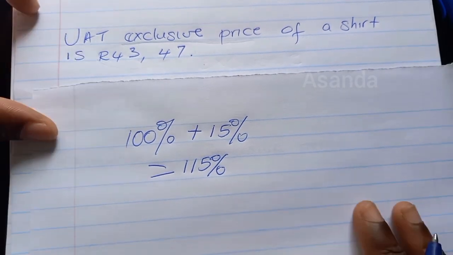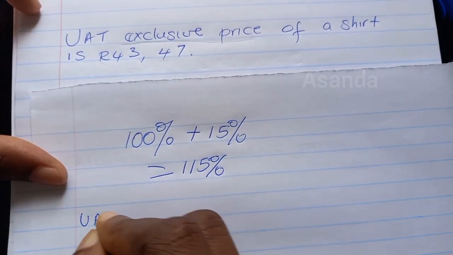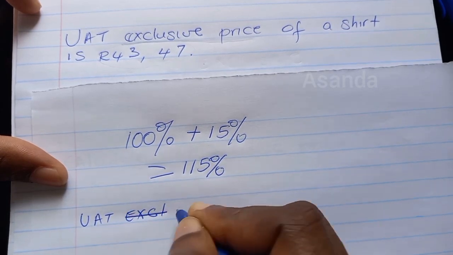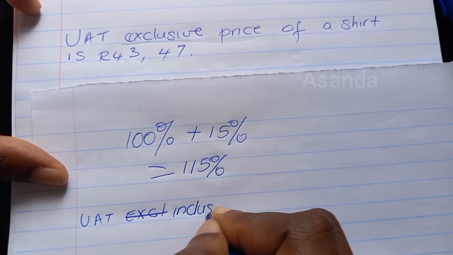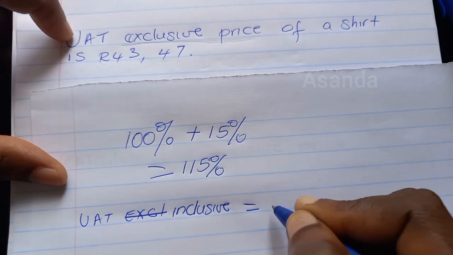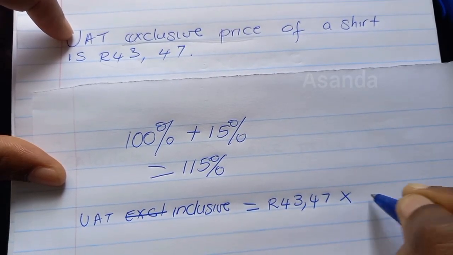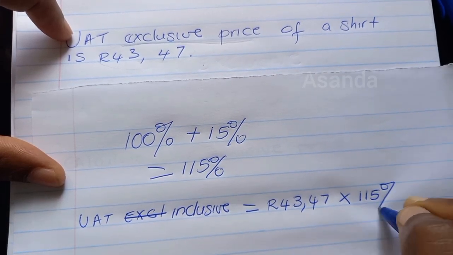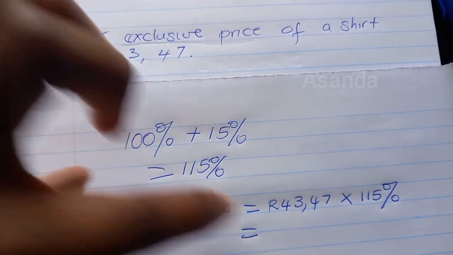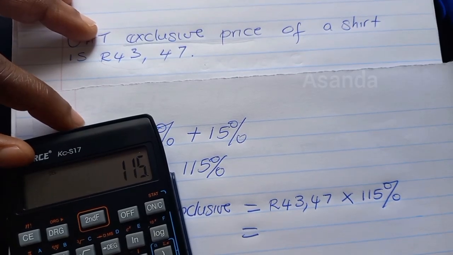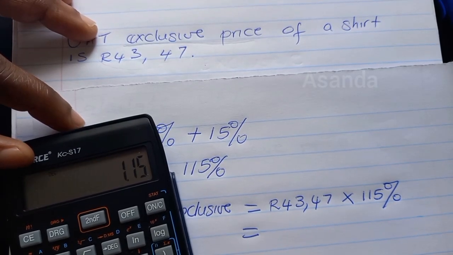Okay, so now for me to calculate the VAT inclusive price, I can say the money that does not have VAT, I can multiply it by 115%. Look what happens. So remember percentage, what do we do to percentage? We say 115 divided by 100. Remember that?